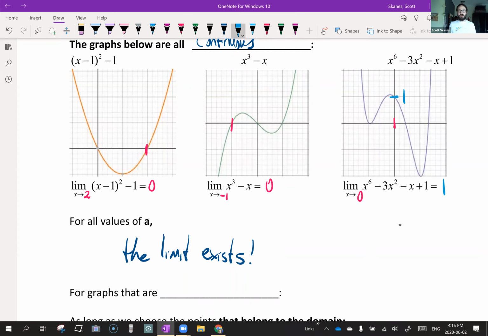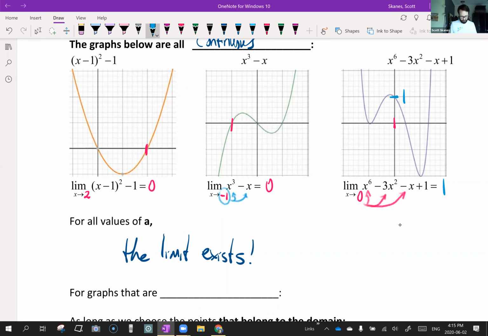We're good. The continuous ones aren't all equal to 0. You just directly substitute. Whatever this value is here, you just put it in for x, and it'll give you a number, that's your limit. Finished. Or if you had -1, you just put it in for x. Put it in directly, that's your limit.